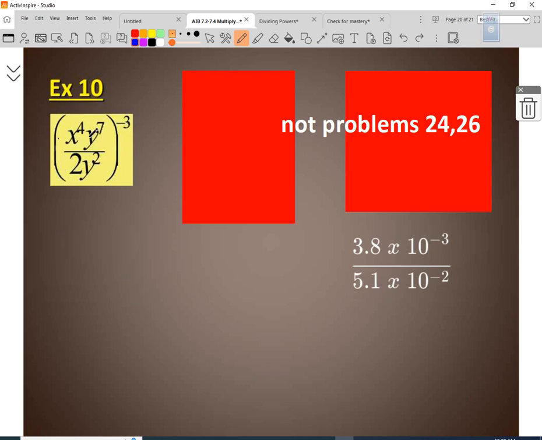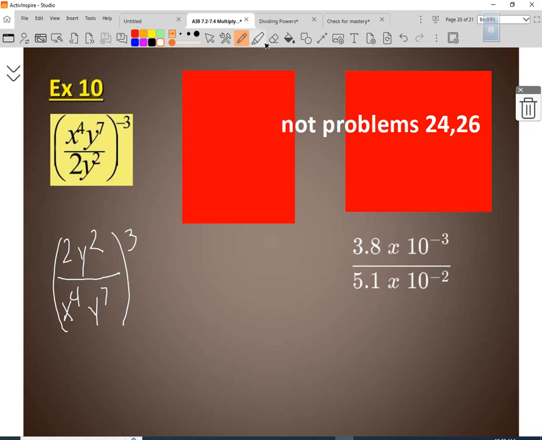So here, if we flip this, the top goes to the bottom and the bottom to the top: 2y squared over x to the 4th, y to the 7th, all raised to the 3rd power. It was negative, but when we flip it, it makes it positive.